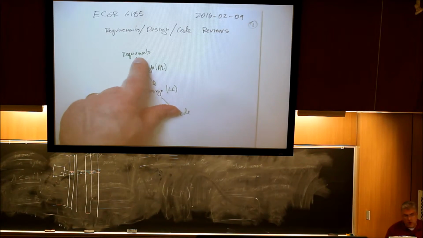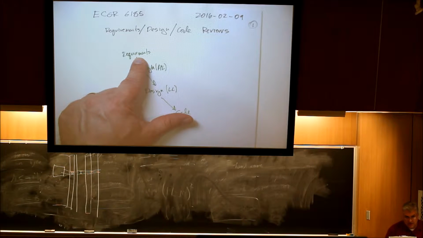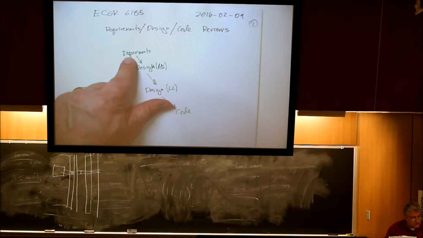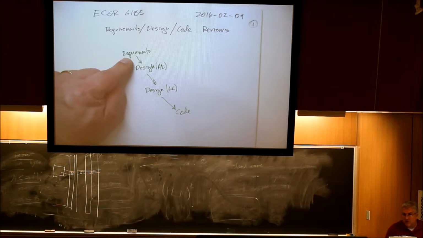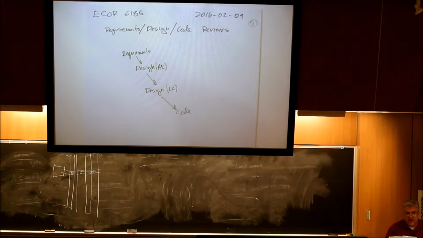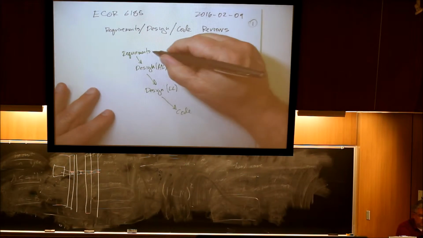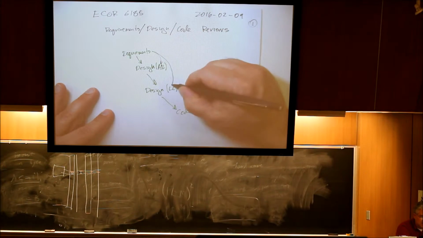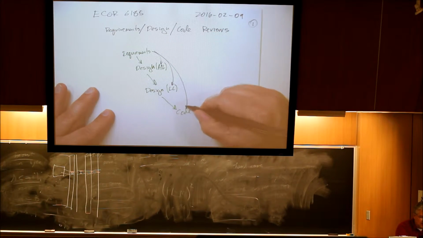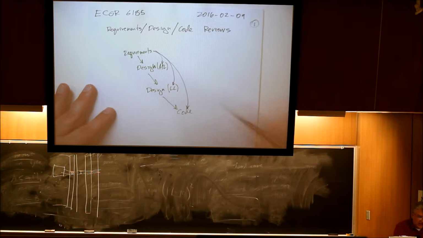Well, if you look at the requirements up front, if you set a very bad requirement, what does that affect? Obviously, the high-level design, the low-level design, and the code, as well as everything going up this way, right?